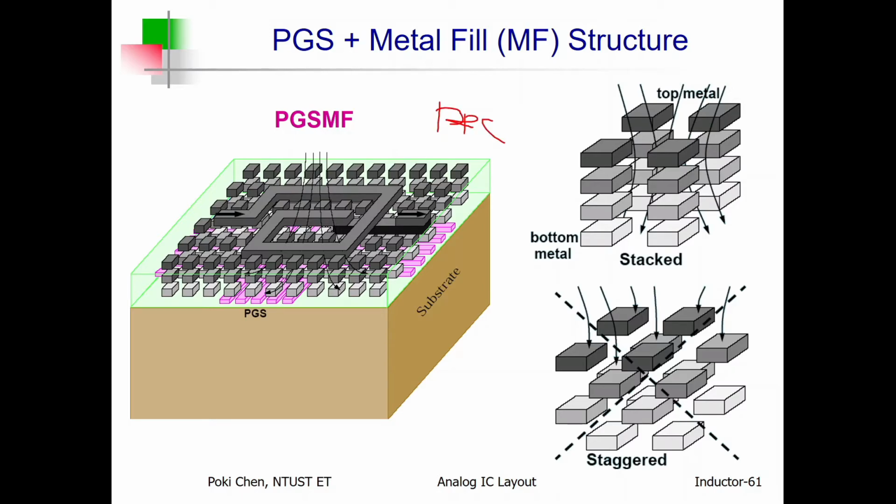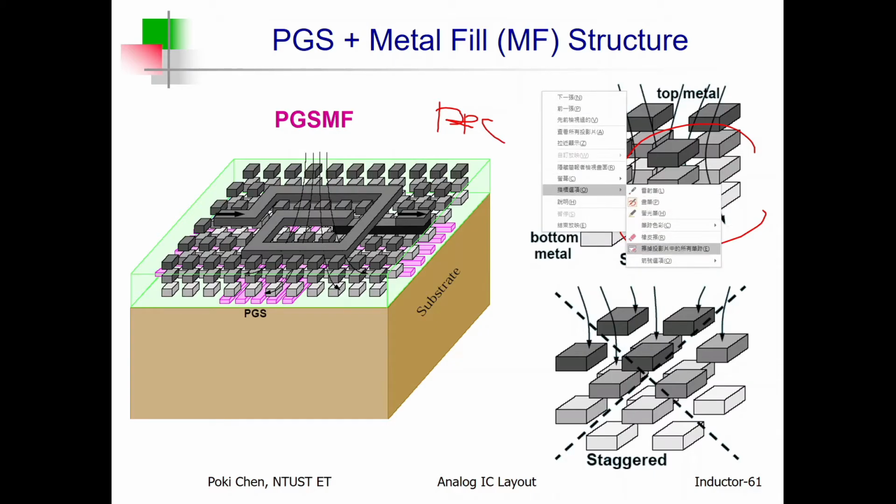How to compensate for such kind of metal fill rate? You need to fill some kind of cubics, even inside the inductor. Okay, but for such kind of filling, they need to overlap each other.